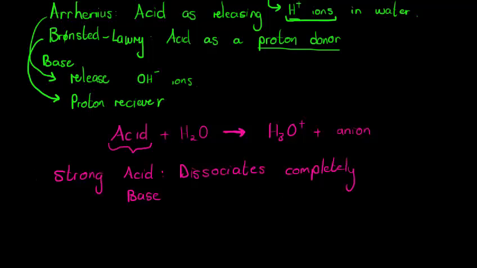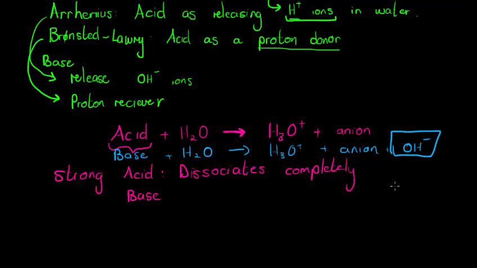The same goes for a strong base. For a base, we will have a base plus H2O producing a cation plus OH negative. The important part is it produces that, and again it dissociates. A strong base dissociates completely.